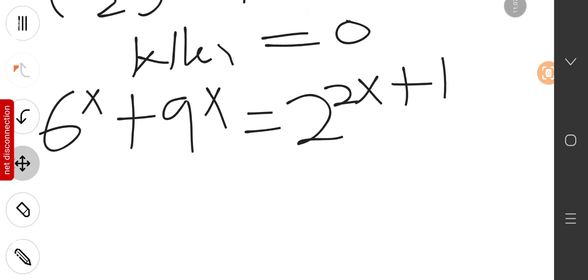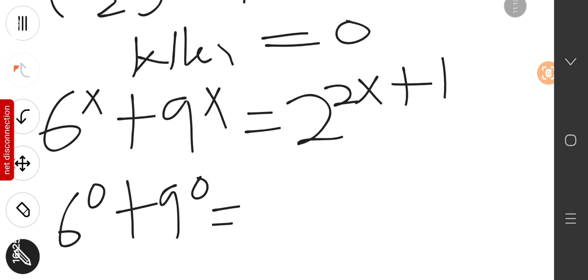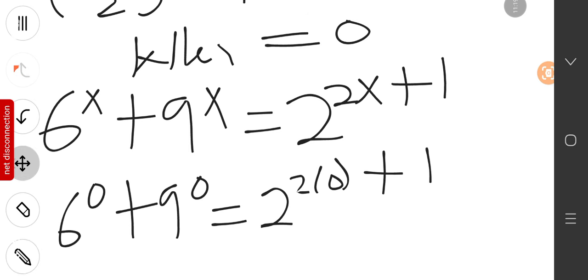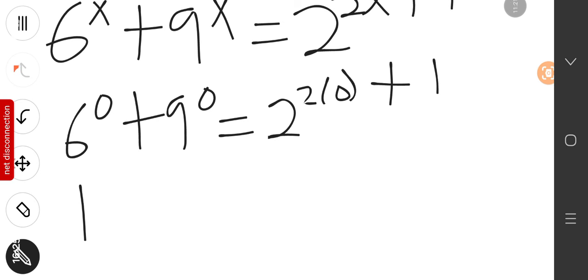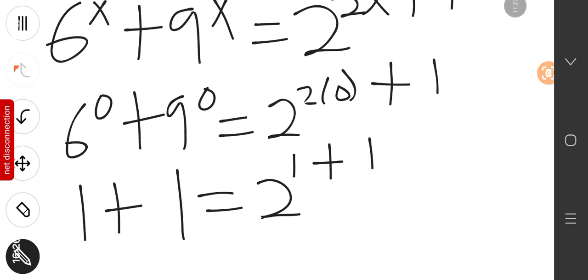So let's do the substitution. So we have 6^0 + 9^0 = 2^(2 times 0 + 1). So 6^0 is 1, 9^0 is 1, equals 2^(2 times 0 + 1), which is 2^1.